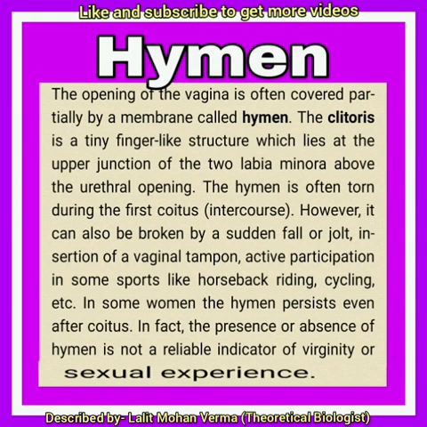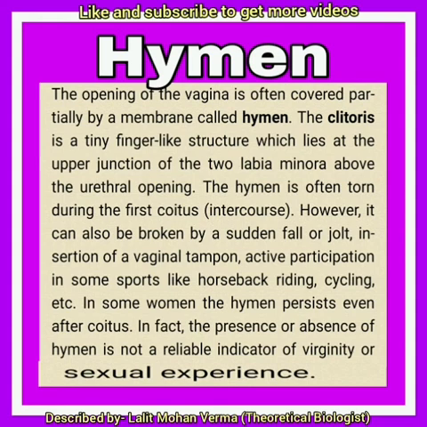Labia minora, a paired fold of skin under labia majora, contain sebaceous gland. Clitoris, a tiny finger-like structure lying at the upper junction of labia minora. It is an erectile organ.